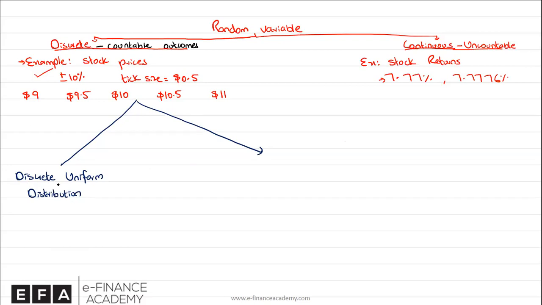Discrete, as we said, means countable outcomes, while uniform means equal chance, equal likelihood, which means each and every countable outcome has an equal probability of happening. For example, if there are 2 outcomes, it will be 1 divided by 2, which means 50-50. If there are 4 outcomes, it will be 1 divided by 4, and so on.